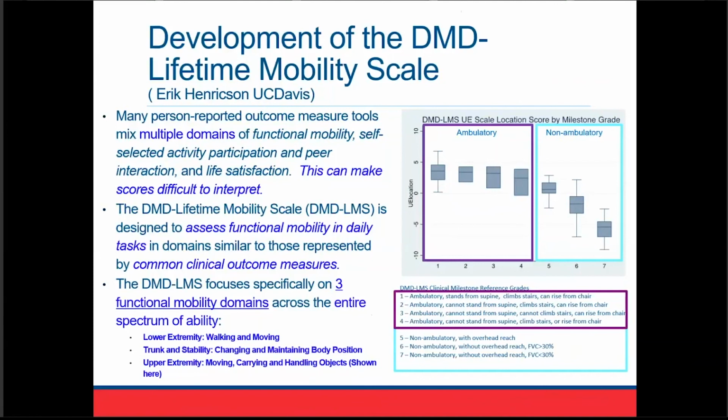He really used a community-engaged approach to develop this instrument. It's still underdeveloped right now. And the point would be that regardless of where you are in progression, there would be a way to measure against activities of daily living and be able to correlate those with the outcome measures being used in clinical trials.